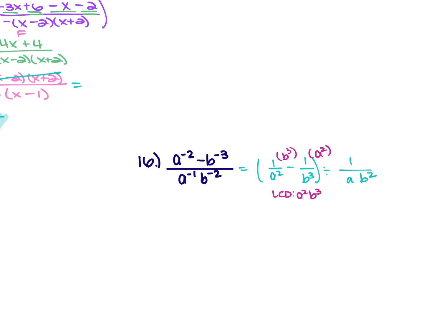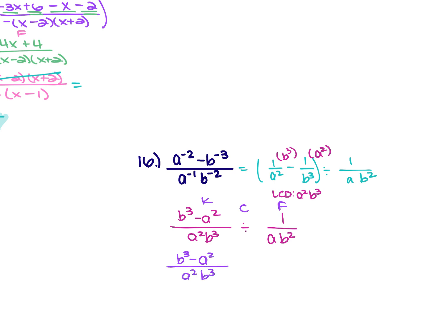So this is going to give us b cubed minus a squared all over a squared b cubed divided by 1 over ab squared. If we change, and we flip, this is going to leave us with b cubed minus a squared all over a squared b cubed times ab squared over 1.